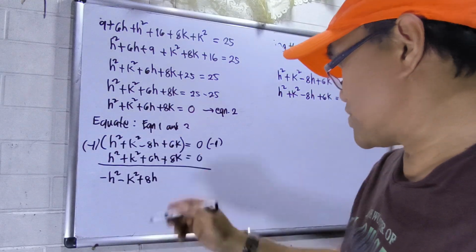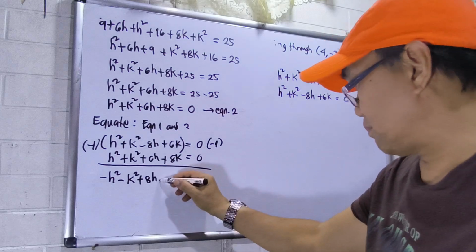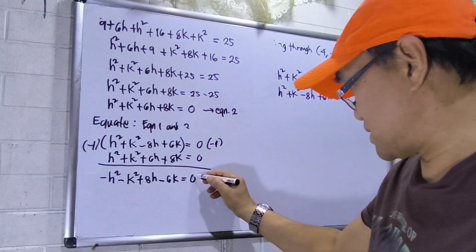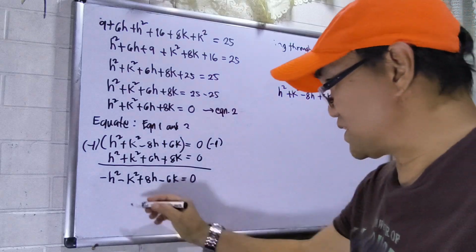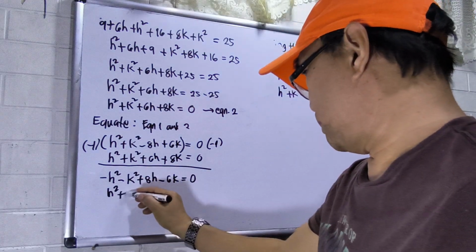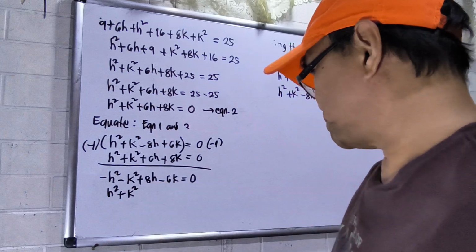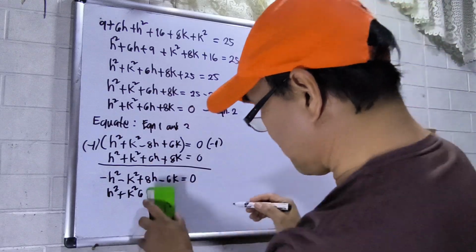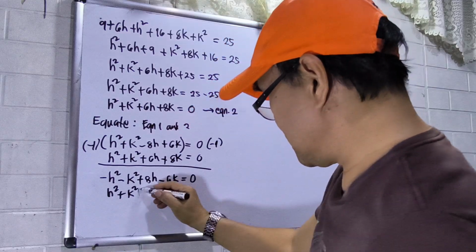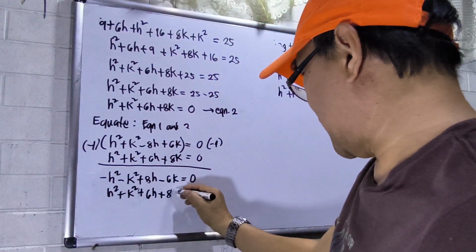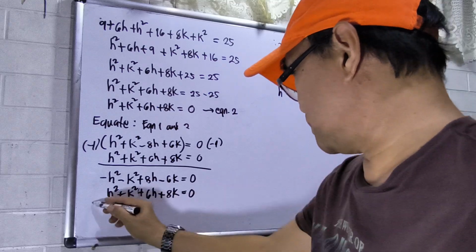Multiply negative 1 to 6k, that will be negative 6k. And then negative 1 times 0, that is 0. Then just copy the second equation. H squared plus k squared plus 6h plus 8k is equal to 0.